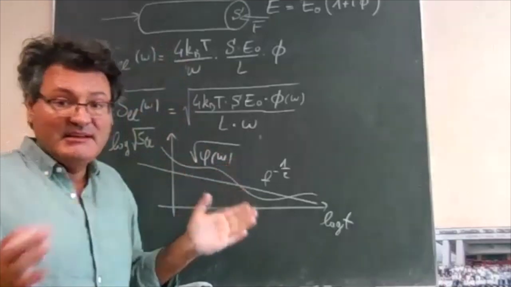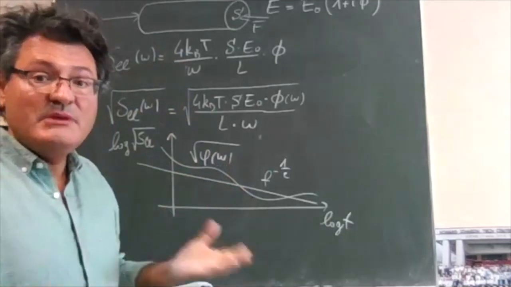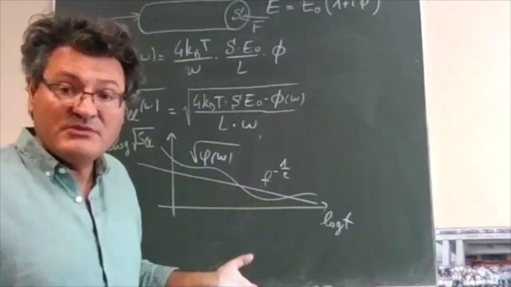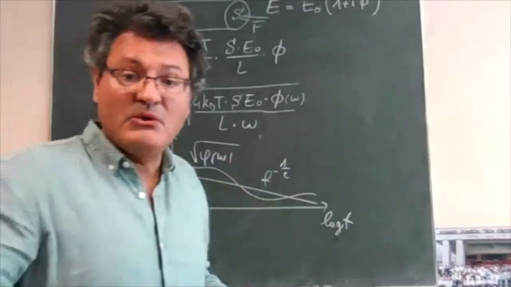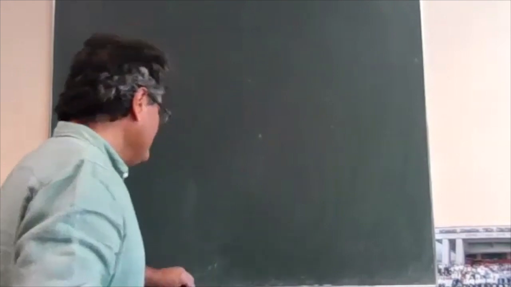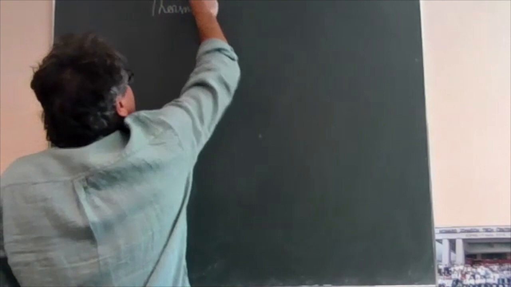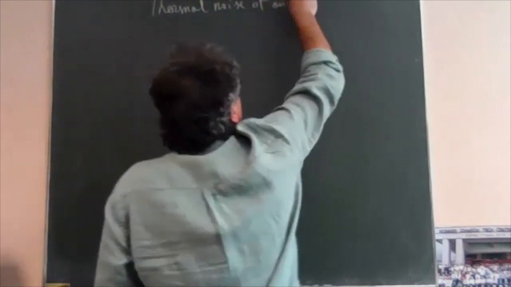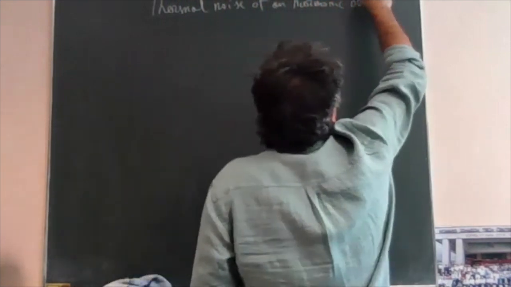We have just the elastic part of the system. But when we have the mass, we enter into the normal domain of a harmonic oscillator. So now the next subject is how to calculate the thermal noise of a harmonic oscillator.